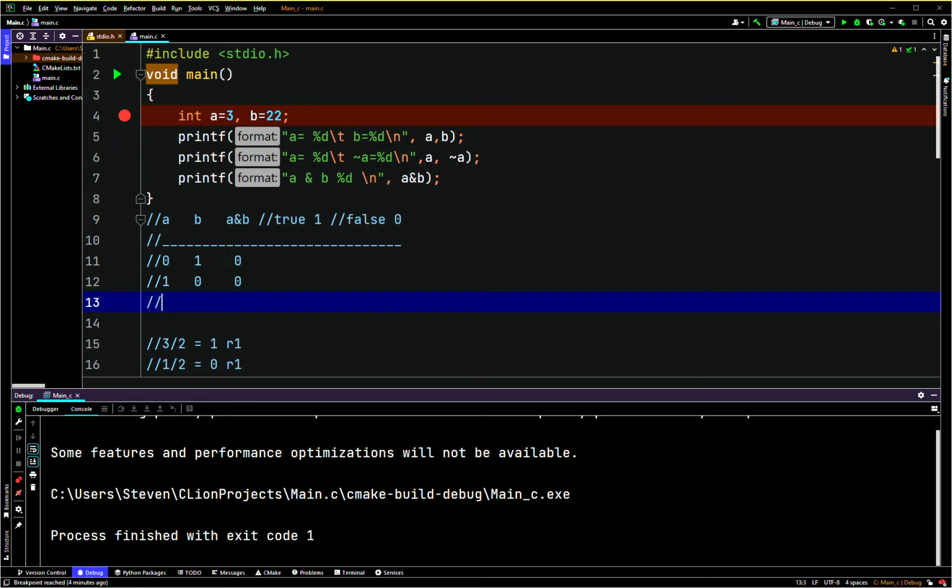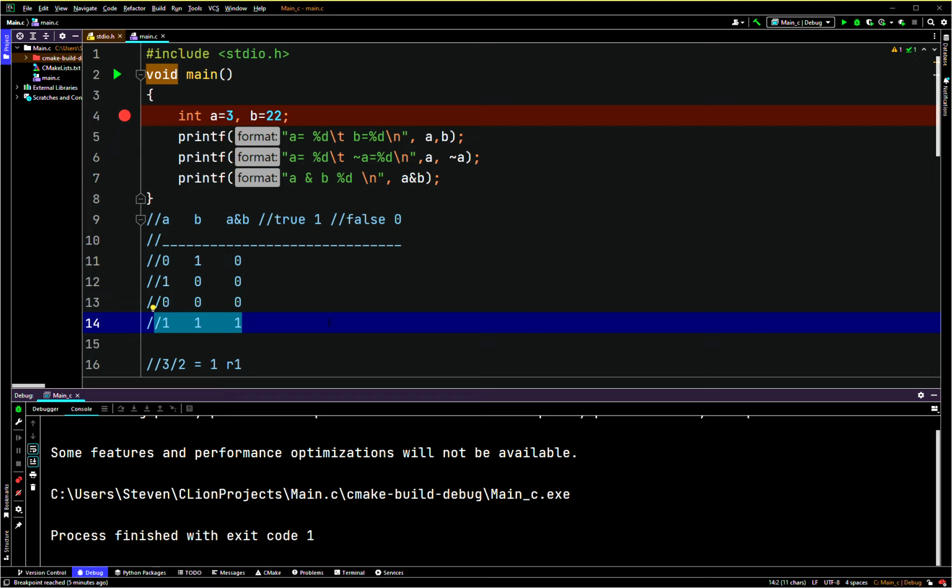If A is false or 0 and B is false or 0, then A and B is false or 0. If A is true or 1 and B is true or 1, then A and B is going to be true or 1. So that's the only condition where it's going to be true, I believe.